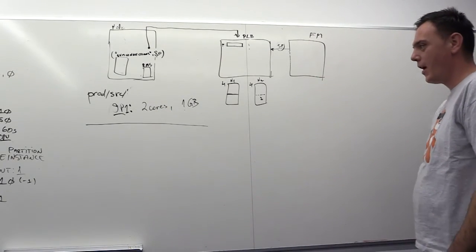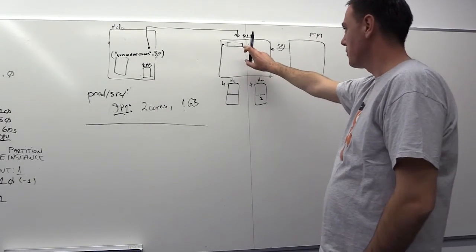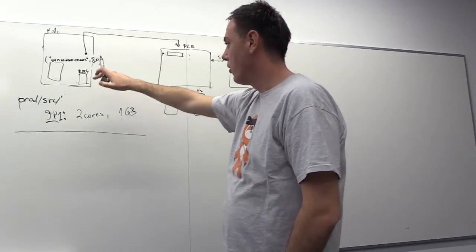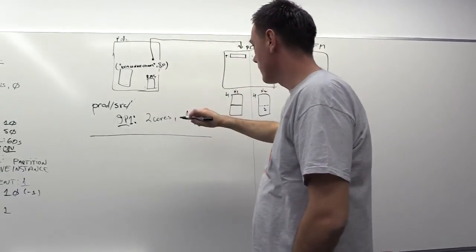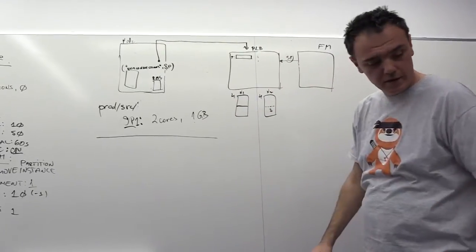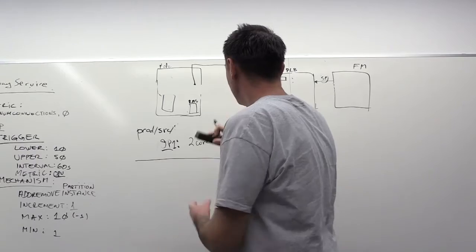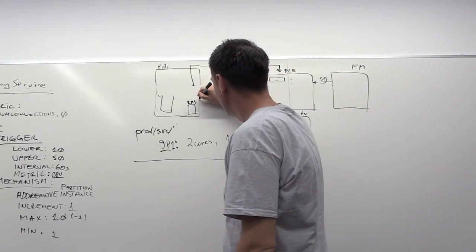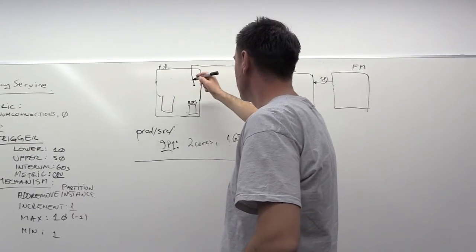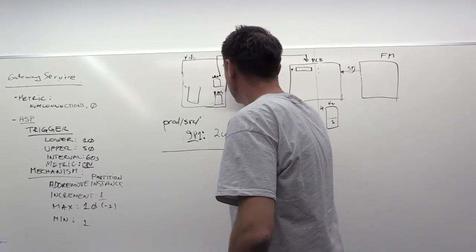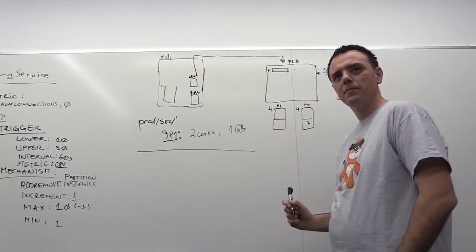Okay? And to support this, aside from changes in the load balancer, also on the node we had to add a kind of mini load balancer. This one is called the local resource monitor, right?